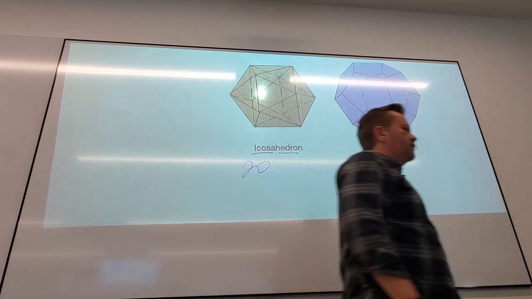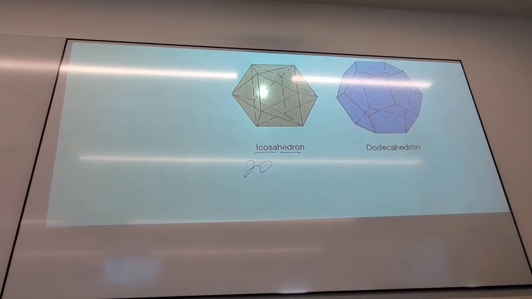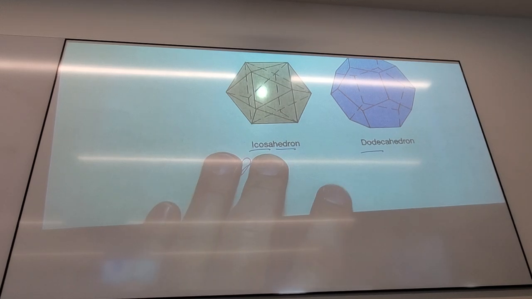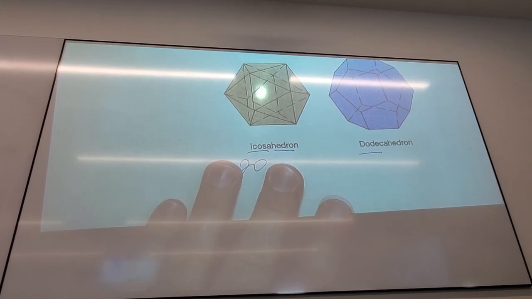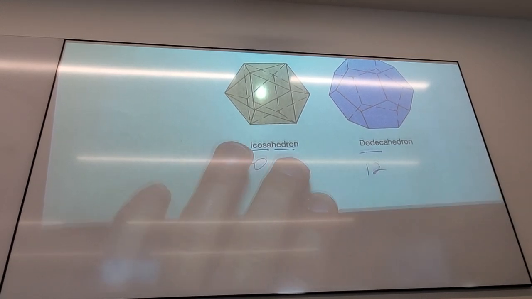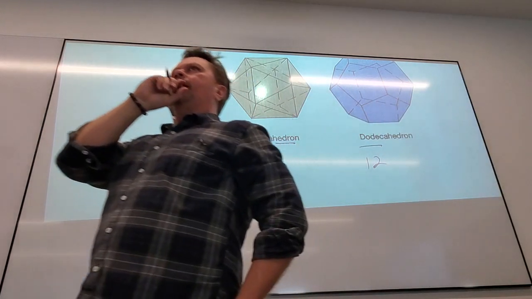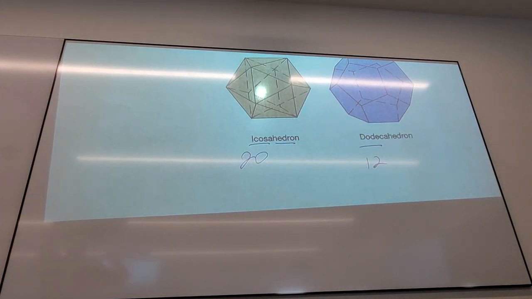And then you have the dodecahedron. I understand why you say 10, but this is 12. Deca would be 10. So dodecahedron is 12 faces. This one is made up of regular pentagons, yes?